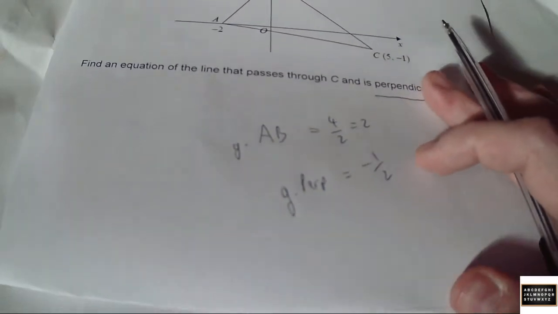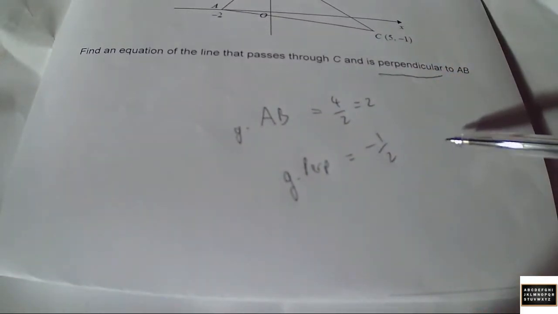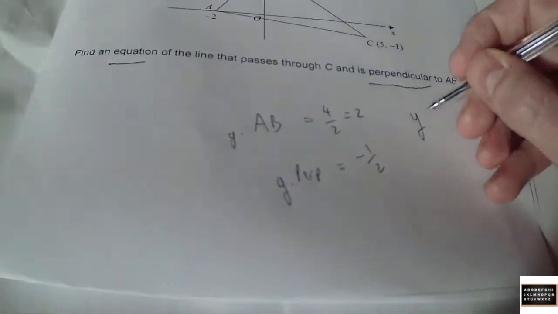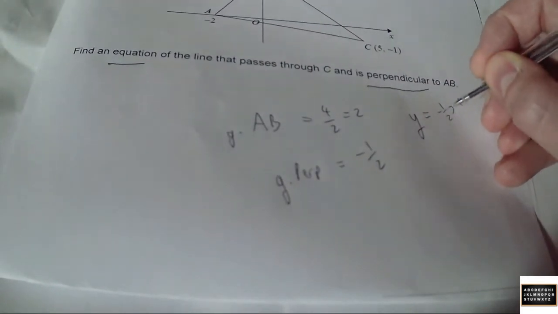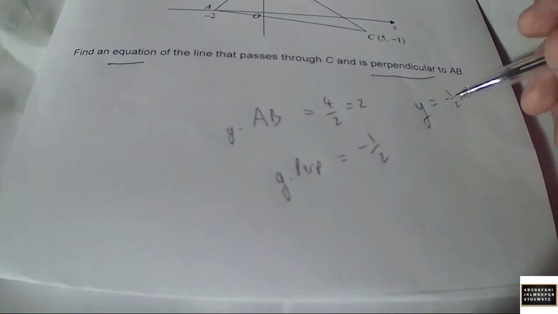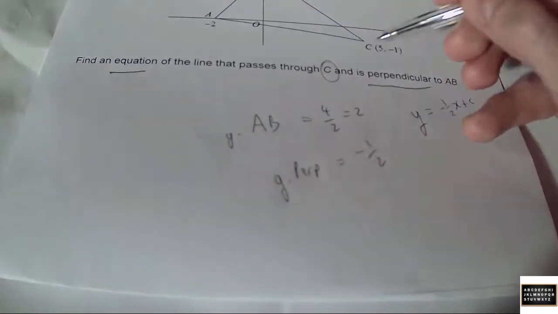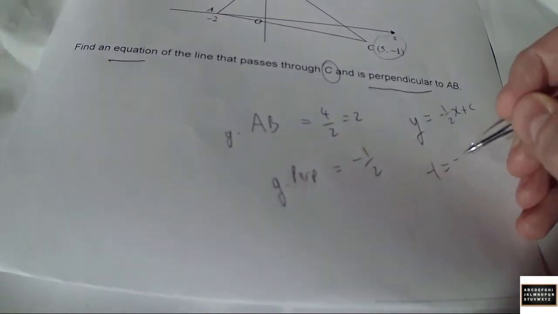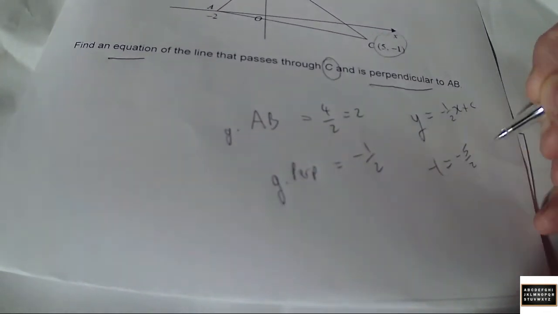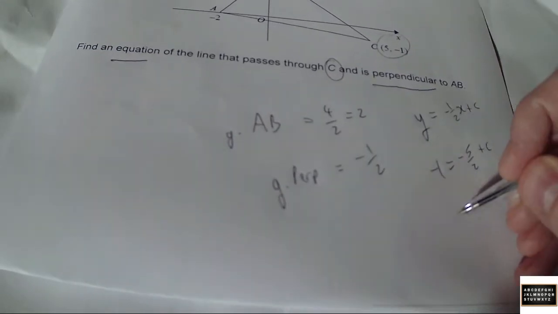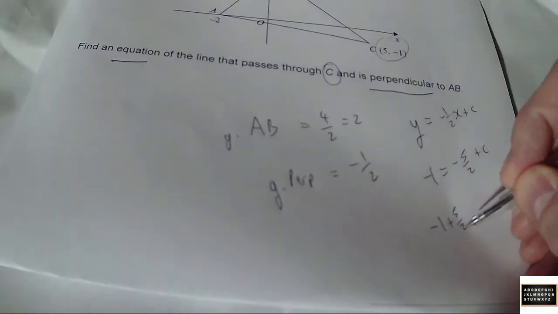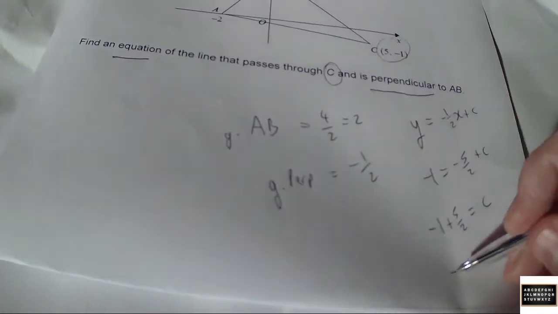And then all the way through, you've got to show that we're finding the equation of the line. So y equals minus a half x plus c. I need to find the plus c, but you need a point, and it says it's going through C. So we need to put that point in. y is minus 1, x is 5, and we can find out what c is. So if we do that again, try not to use the calculator.